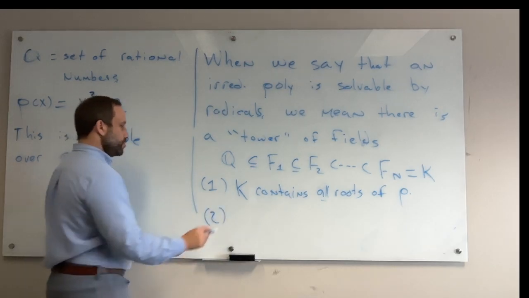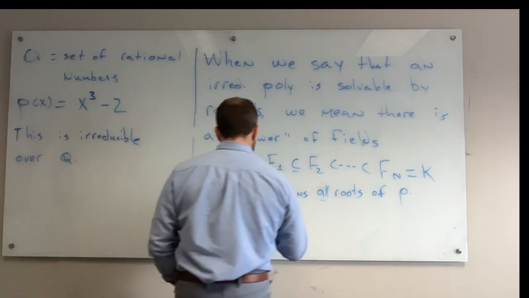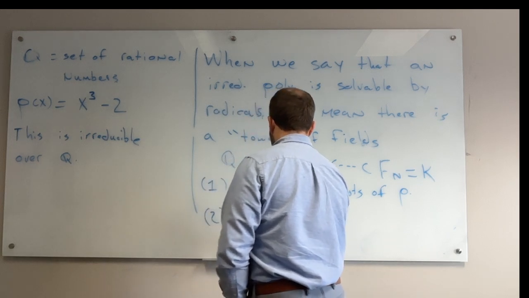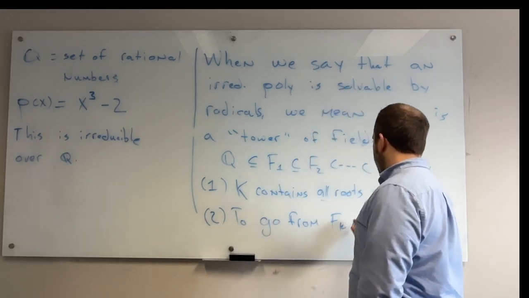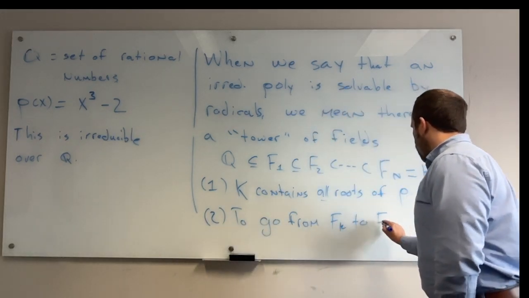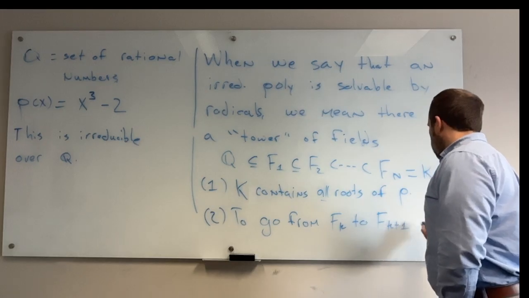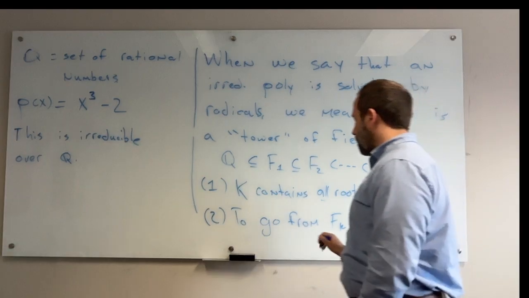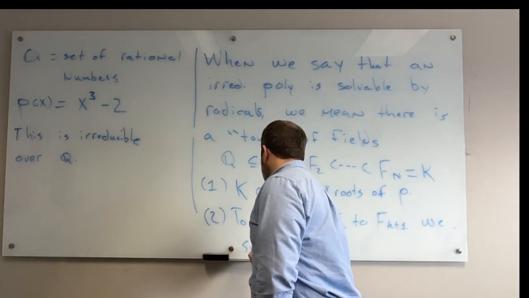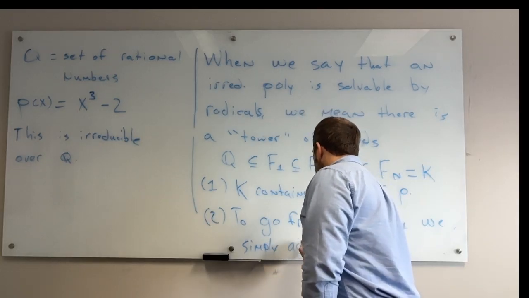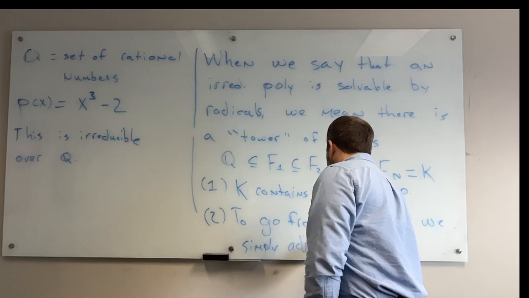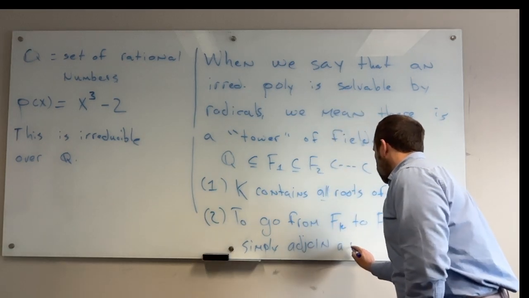And two, to go from Fk to Fk+1, we simply adjoin a radical.